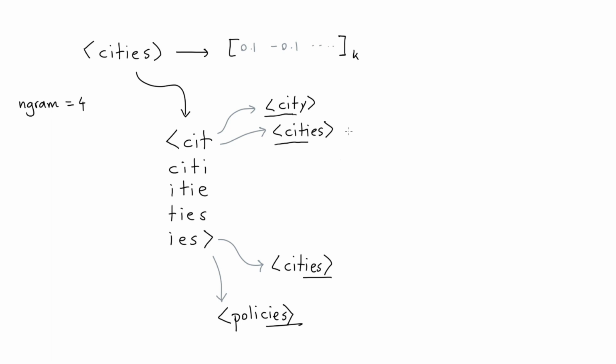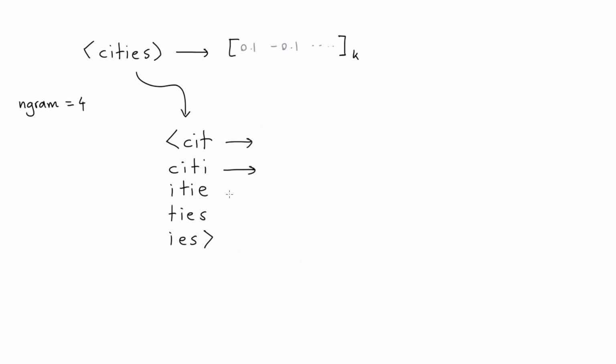So considering that these subtokens actually have meaning, how about we train embeddings for the subtokens instead? We can take each subtoken and then map that to an array. Each of these arrays, of course, will be different.